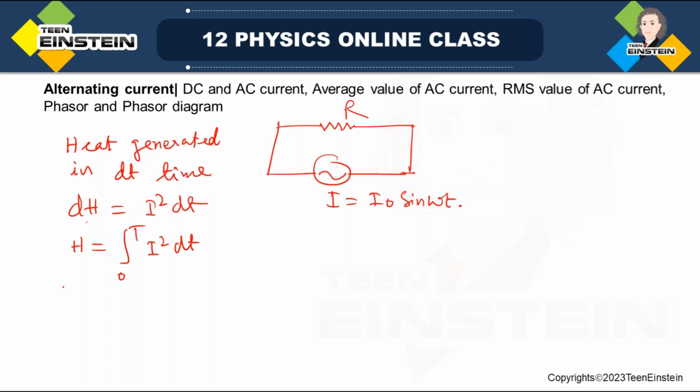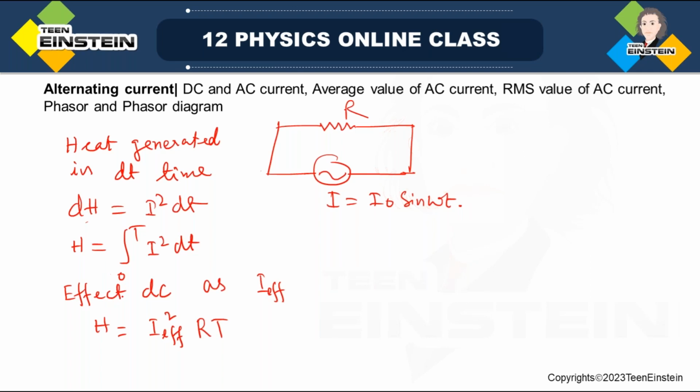Let me take the effective DC current as IEFF. It will also produce the same heating effect, so H will be IEFF square into R into T in a full cycle in case of DC.